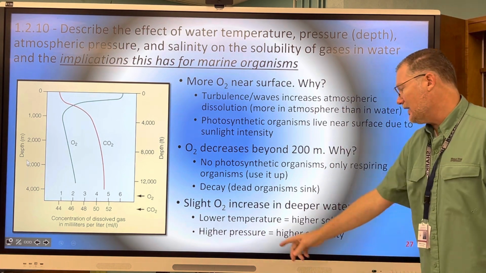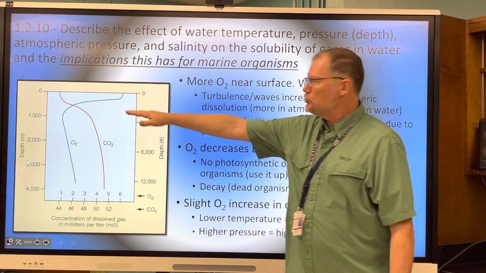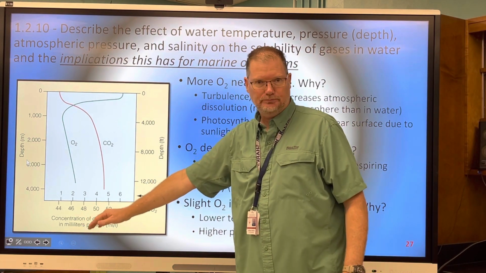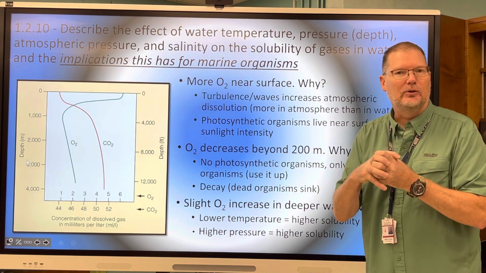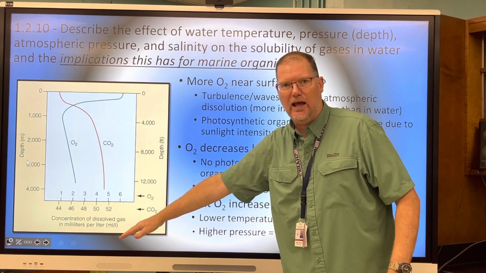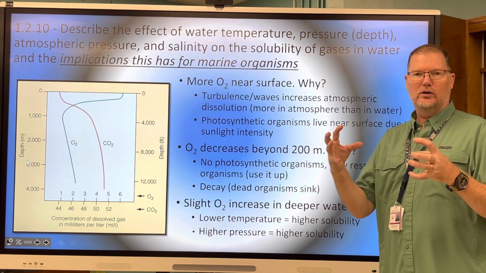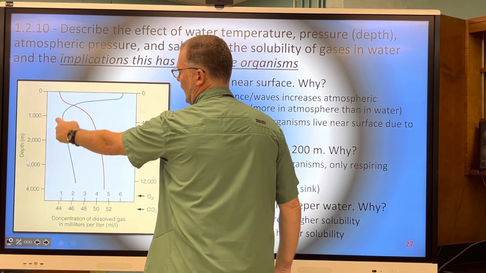Lower temperatures and higher pressure mean higher solubility. So the temperature is decreasing as we go down, which makes gases more soluble. And the pressure is increasing as you go down, which makes gases more soluble. That's why there's that slight increase right there, okay?